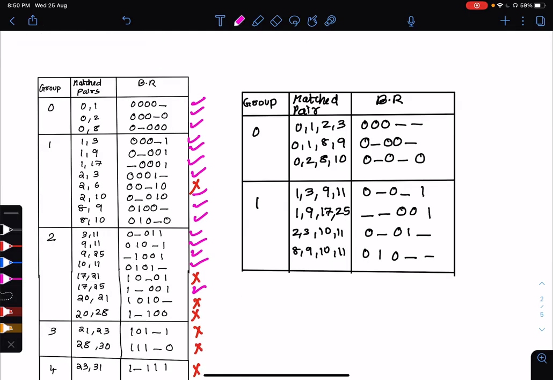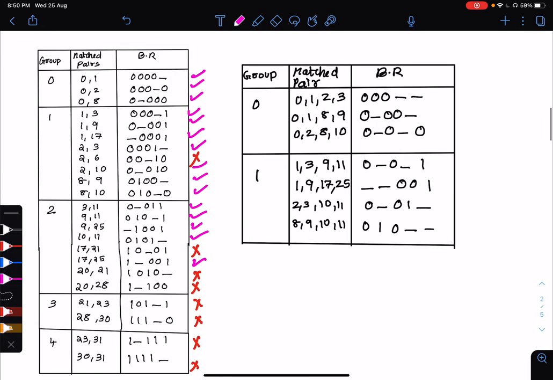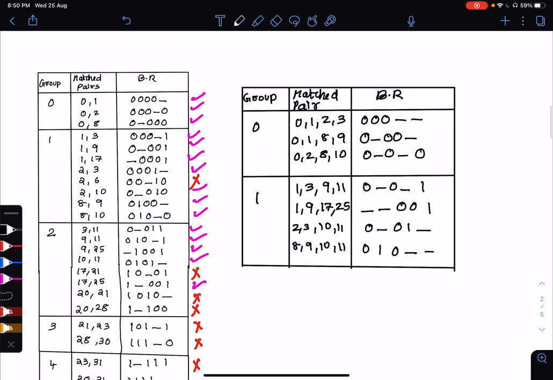So this is the first comparison table and the second comparison table. From the second comparison, we cannot form a matched pair if we compare group 1 with group 1, or group 0 with group 1. We will not get a matched pair, so that will be our final comparison.